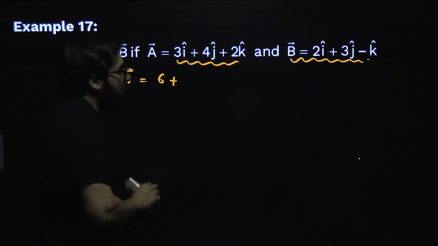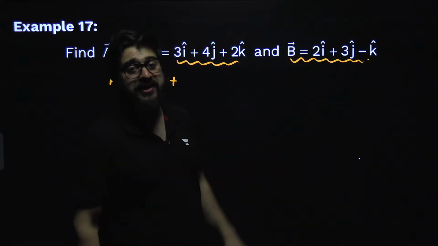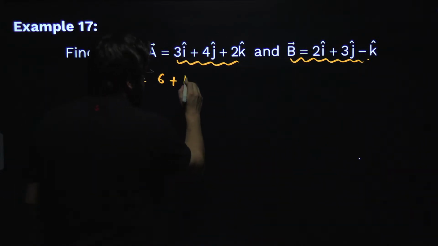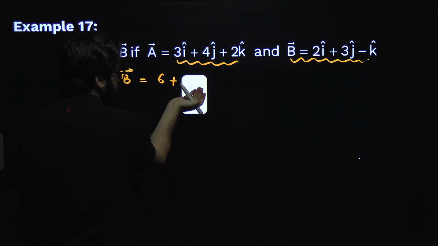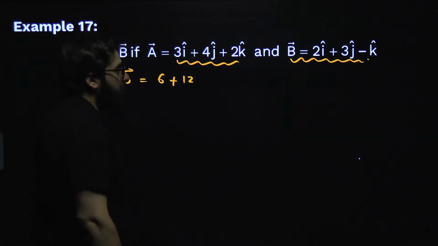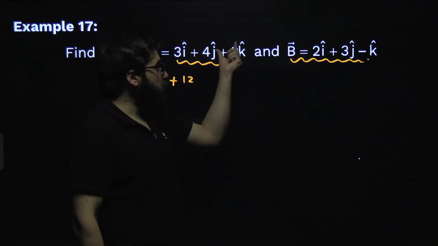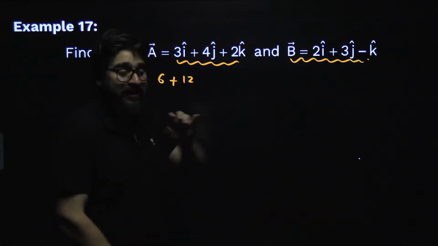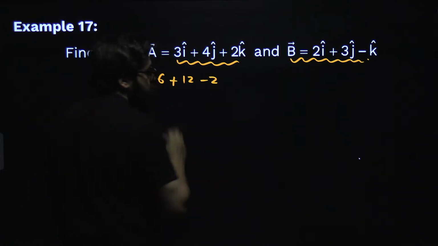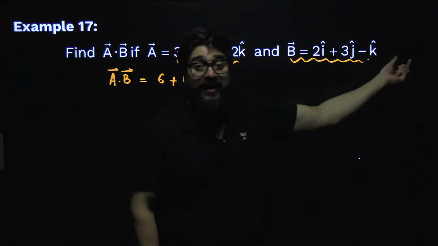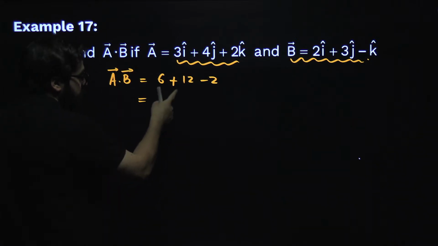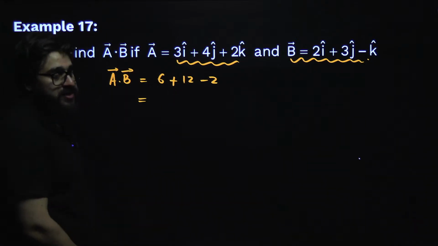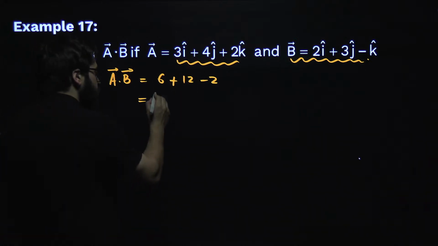Plus 4 into 3 is 12. j into j is 1. Plus 2 into minus 1 is minus 2, and k into k is 1. So 12 plus 6 is 18, minus 2 is 16.